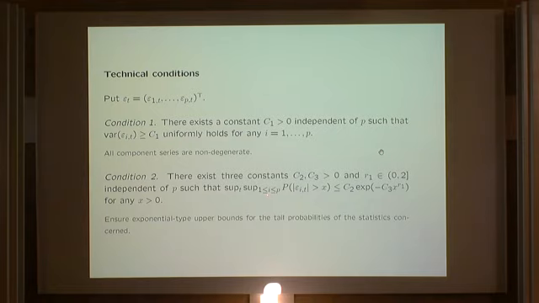Second, we try to bound the tail of the distribution. This is sub-Gaussian. Basically, we need this exponential type of upper bound for the tail.